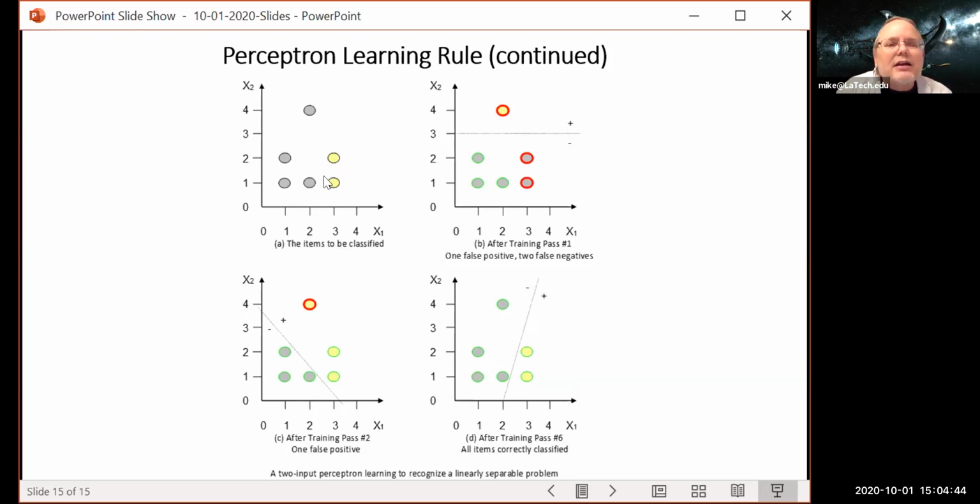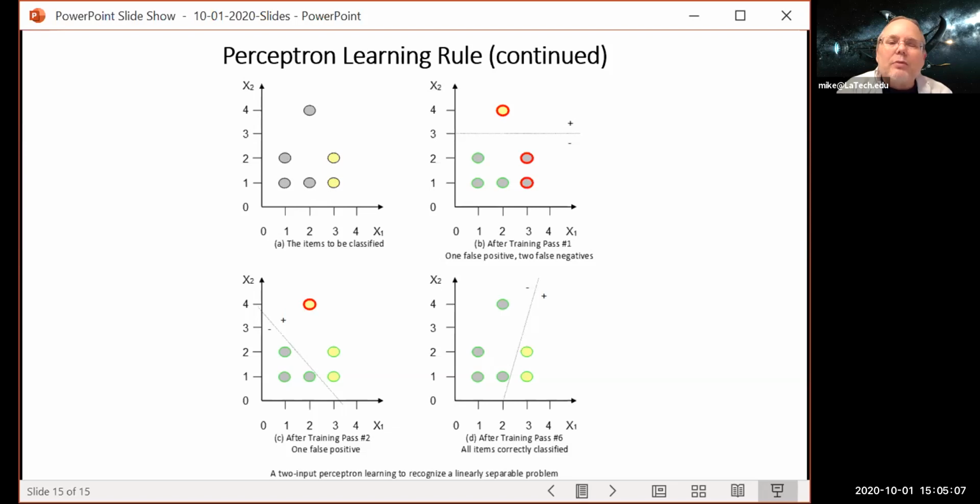But let's say that I had wanted 1, 4 to be part of the positive group, so that the positive group was 1, 4, 3, 2, and 3, 1, and the negative group is what I'm showing here.